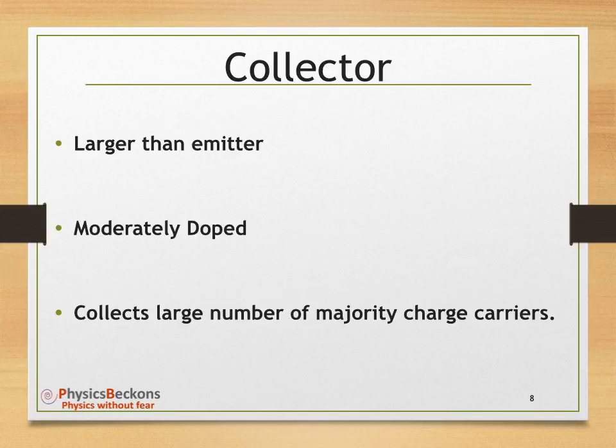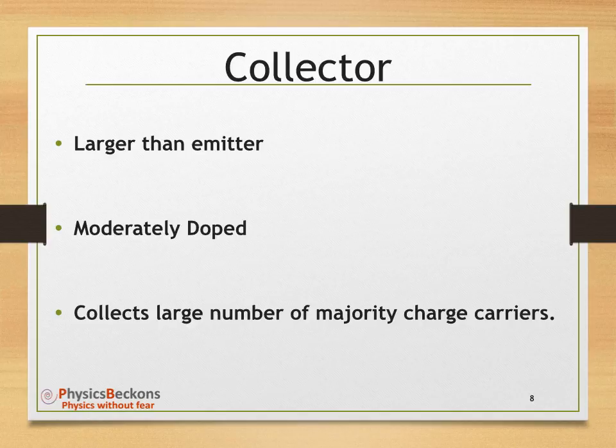The third region, the collector, is always larger than the emitter. The collector is moderately doped, higher than the base but lower than the emitter. It collects large number of majority charge carriers coming from the emitter towards the collector through the base, justifying its name as the collector.